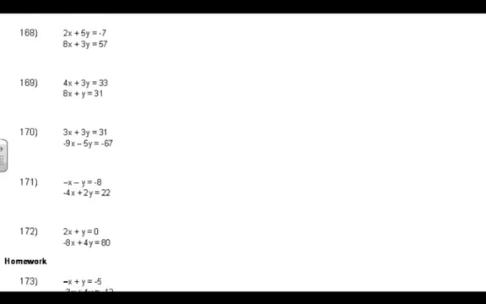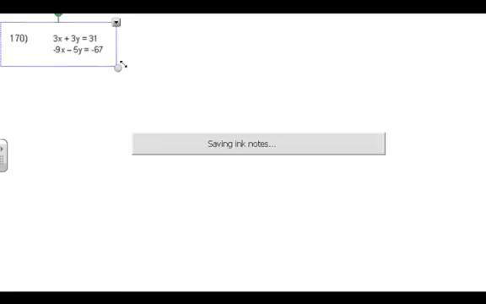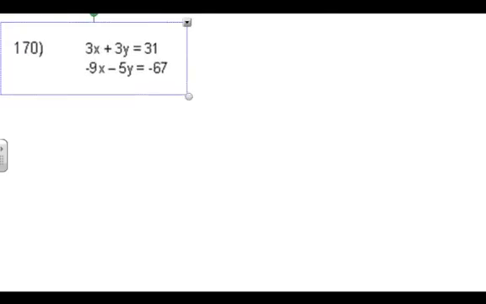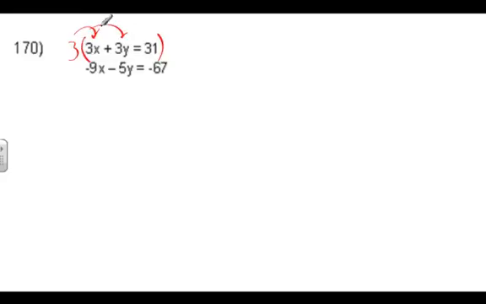170. Okay, so which one am I going to try to cancel? The x's. Yeah, because I had 3 and negative 9, so I can change 3 into 9. So I multiply everything by 3. Everything. So that's what? 9x plus 9y equals 93.